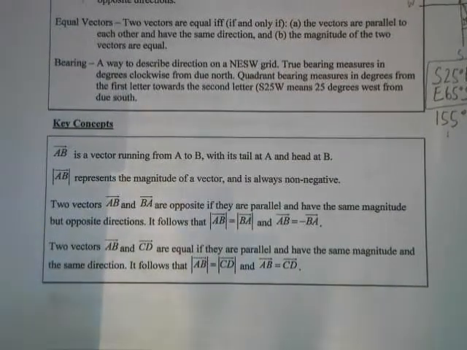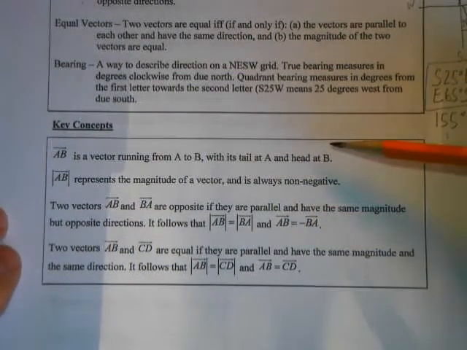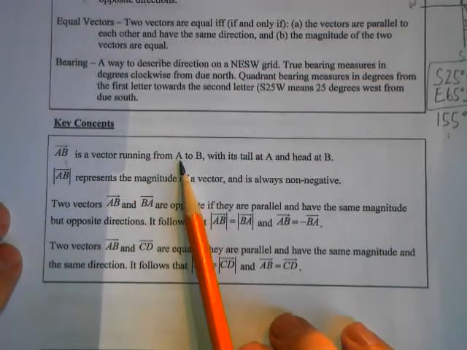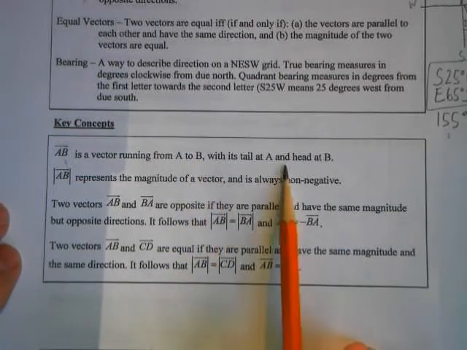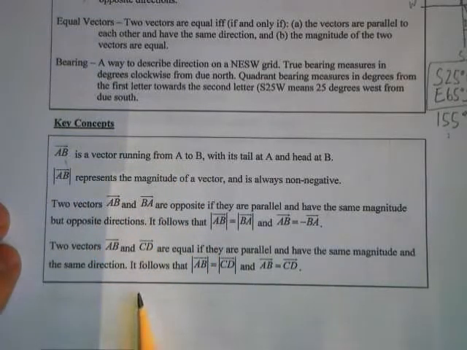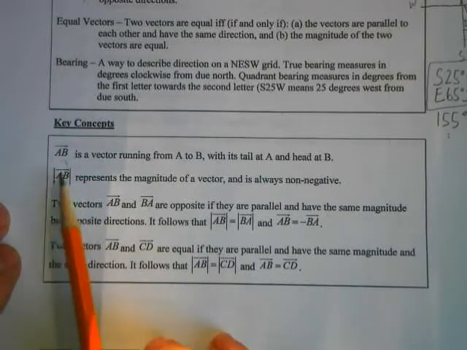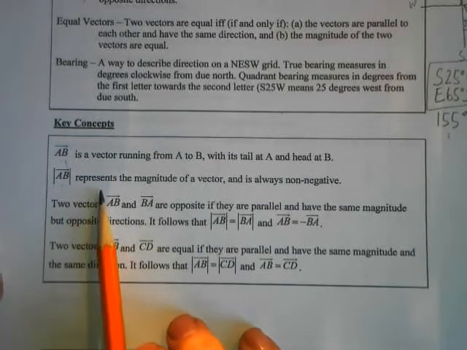Okay, so the key concepts, we've talked about a lot of these already. Vector AB is a vector running from vertex A to vertex B, or point A to point B, with its tail at A and its head at B. So you always label starting from the tail, go to the head. And if I put these magnitude signs, or absolute value, around a vector that I've called AB, this only represents the magnitude.